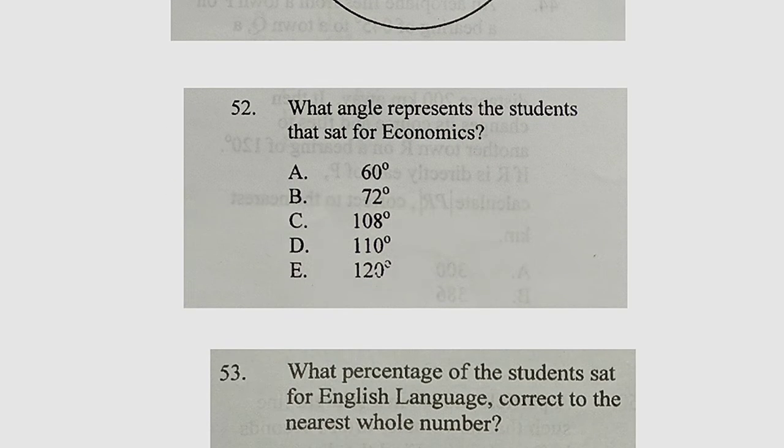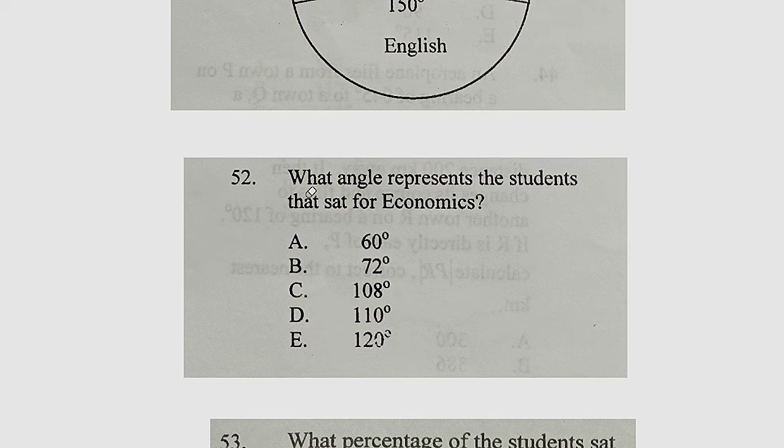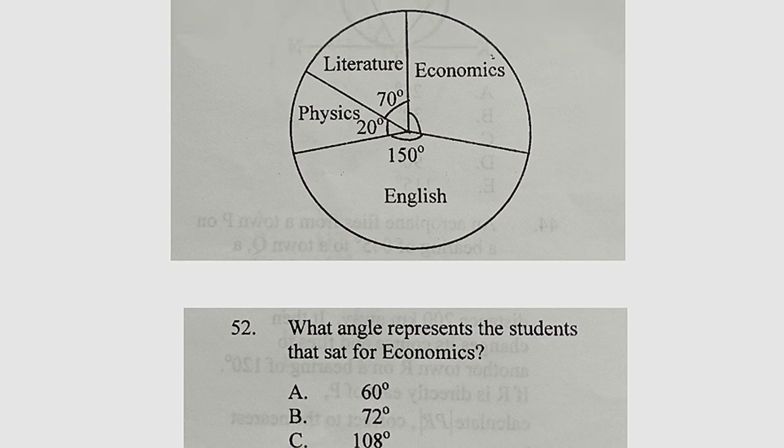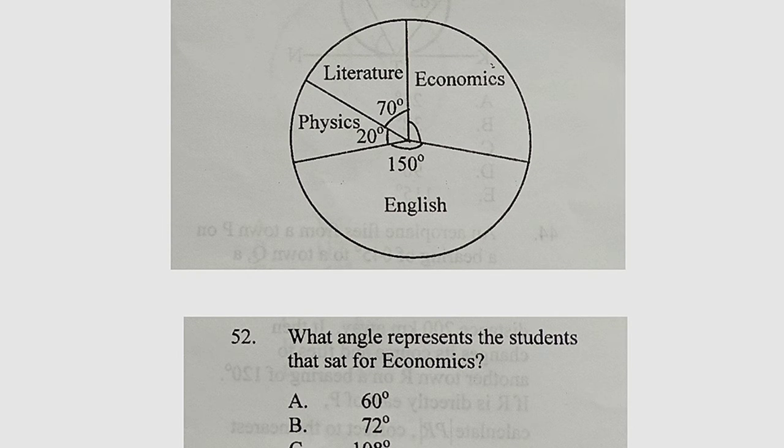Question number 52 asks: what angle represents the students that sat for economics? This is economics, with a missing angle, but these 3 angles are given. And you should know that at a point we have 360. Therefore, in order to find x, we have to subtract these 3 angles from 360.